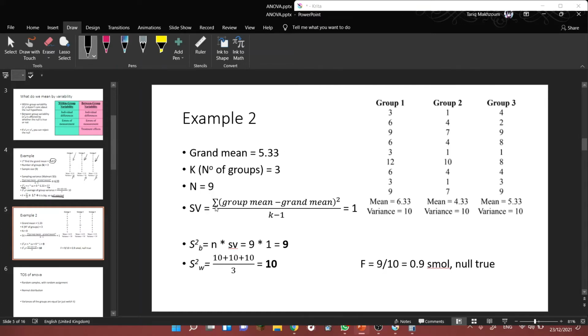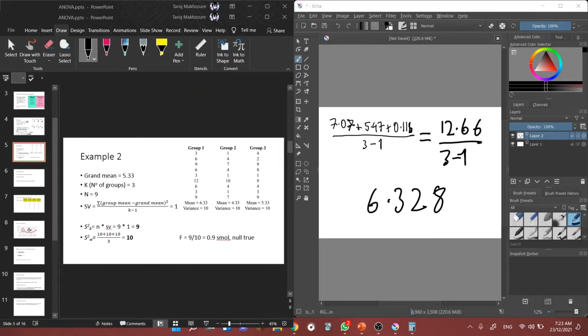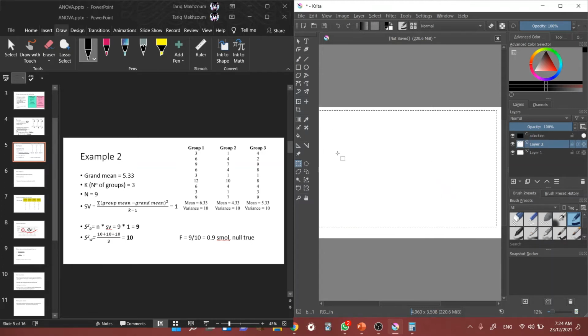Okay, so our first step is going to be to calculate the sampling variation. And again, that's going to be group mean minus grand mean. Then you're going to square the difference, add that up for each group, and then divide by k minus 1.